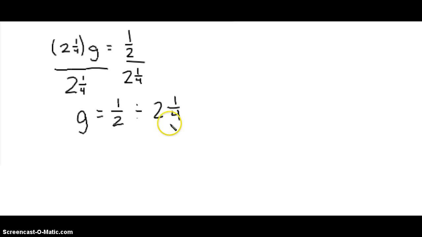Let's make that 2 1/4 into an improper fraction. So we have g is equal to 1/2 divided by 2 times 4 is 8 plus 1 is 9 over 4. And remember, when I divide, it's the same as multiplying as if that second fraction is flipped.